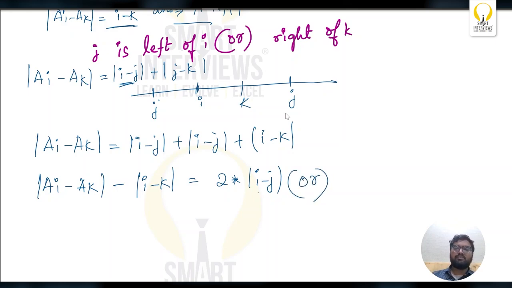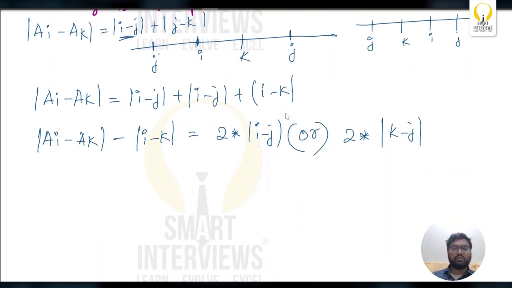The other case can be something like this, where the minimum can be k. In that case it will be 2 into the modulus of k minus j. So it can be either that or this.